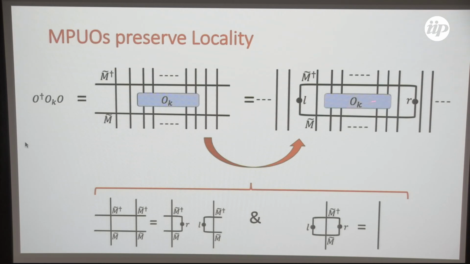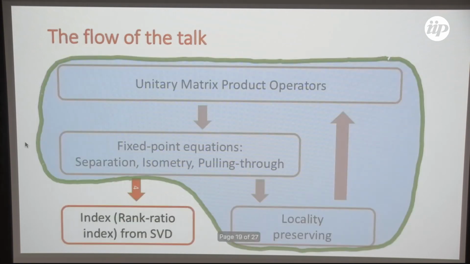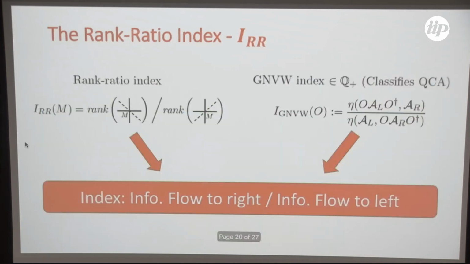So basically, a k-local operator becomes a k plus 2 local operator. So there is a light cone. Right. So if we assume the MPUO property, by using fixed point equations, we basically proved that they have to be all locality preserving.